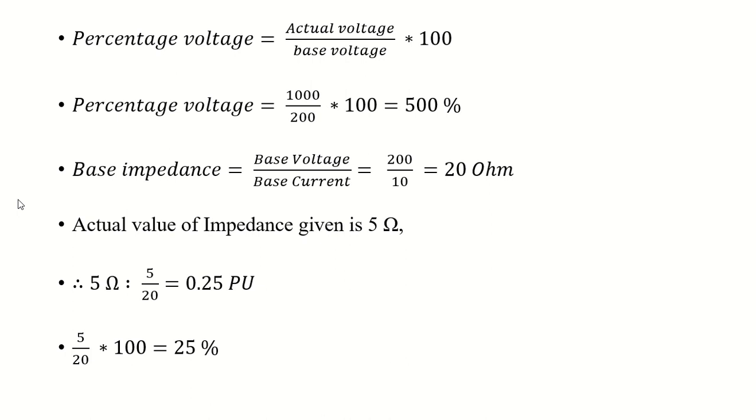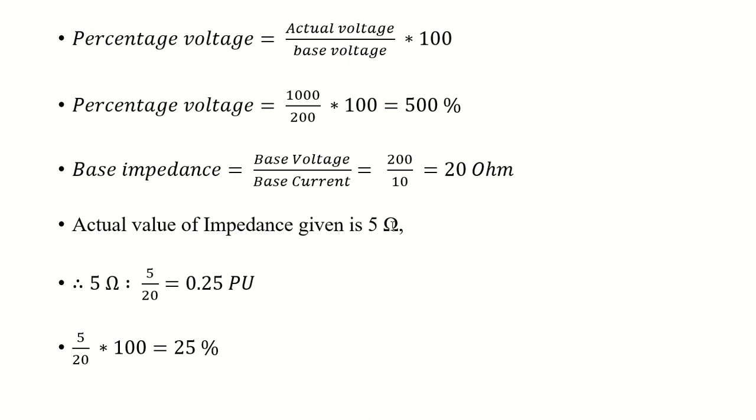Now coming towards the actual value of impedance, which is given as 5 ohms, and if I want to find the per unit value of this impedance, then we have already found the value of base impedance, which we have derived, as 20 ohms, and the actual value of the impedance is 5 ohm.